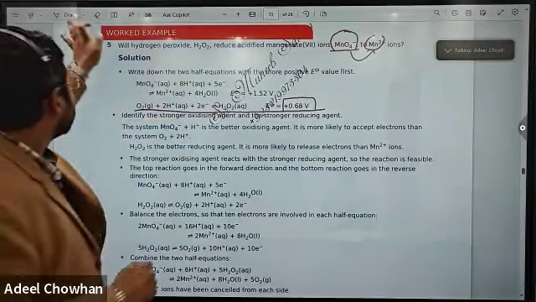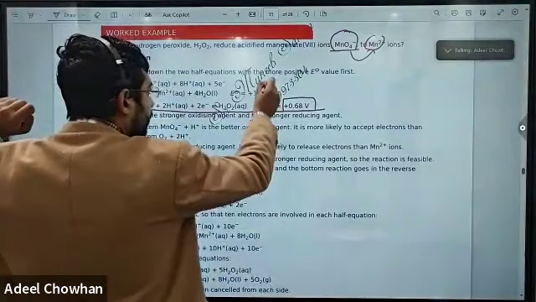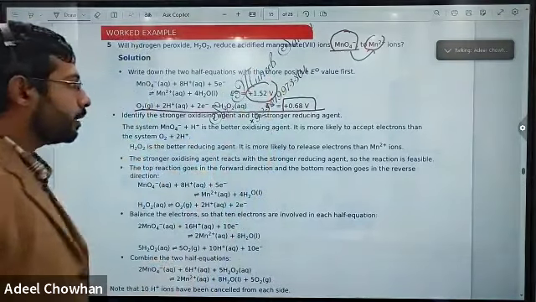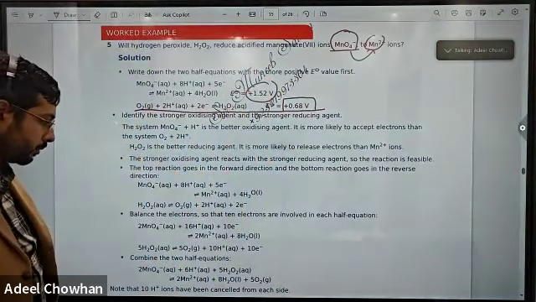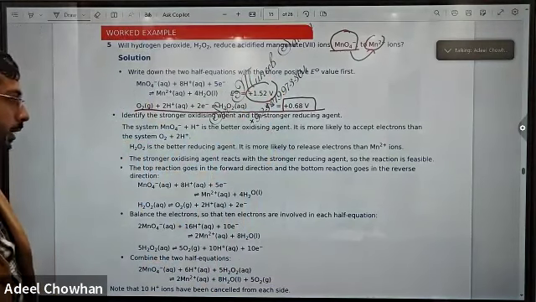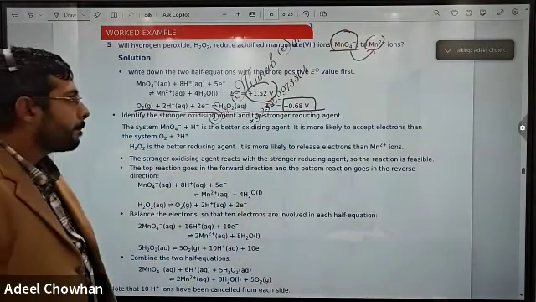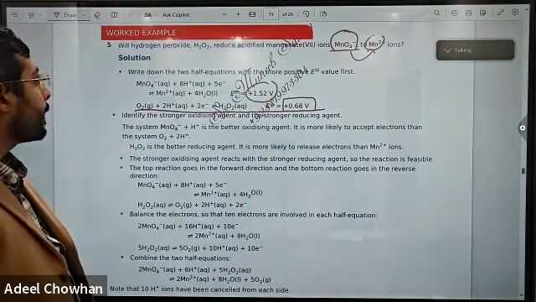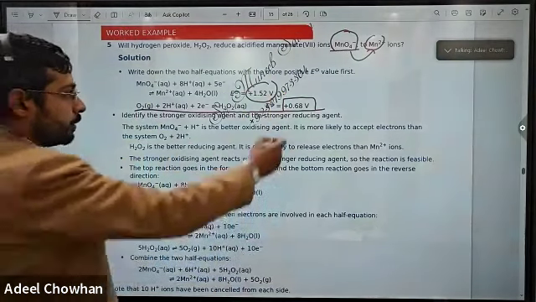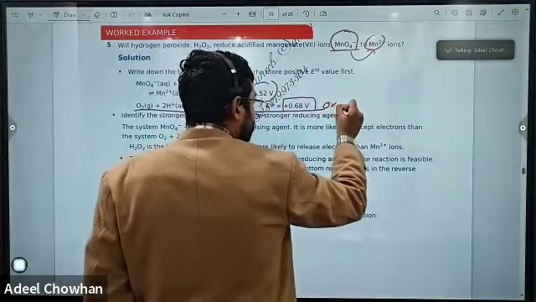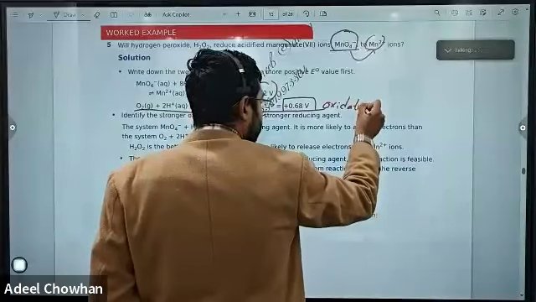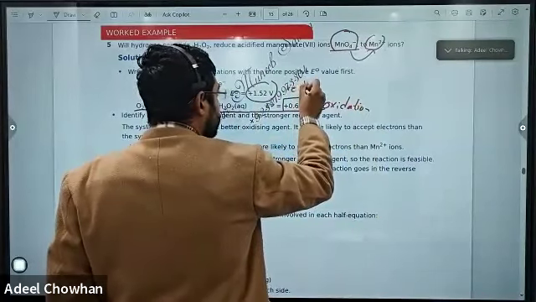Okay, here we have the values now. What do you see here? We have +1.52 and +0.68. What do you suggest from here? Very good. This will become the oxidation reaction and this will become the reduction reaction.